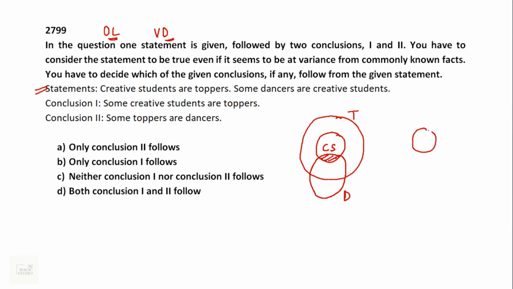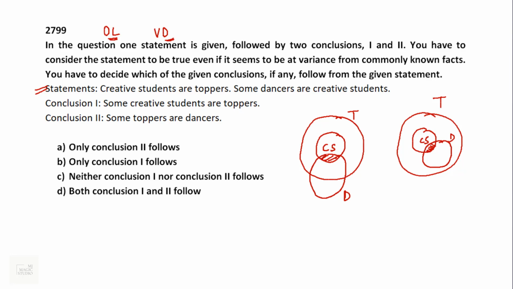We can also have something like this. Creative students, toppers, dancers here, creative students. Some creative students are dancers or some dancers are creative students. Conclusion 1 says, some creative students are toppers.